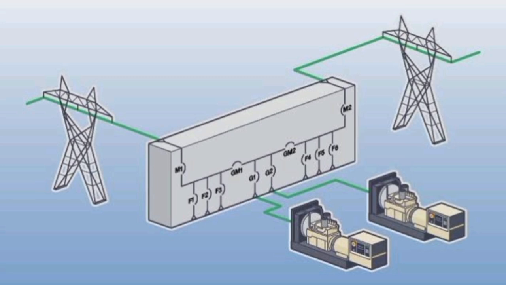Backup generators and N+1 redundancy. Backup generators provide full facility power during extended outages. Most data centers use diesel or natural gas generator systems sized to carry the entire critical load. Redundancy is key. In an N+1 configuration, one additional generator is installed beyond what is required to carry the design load.